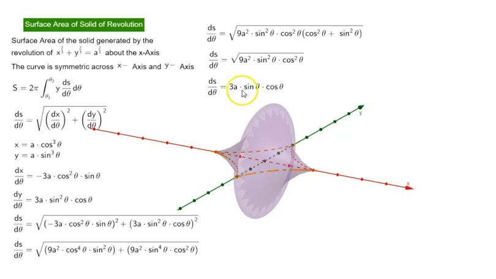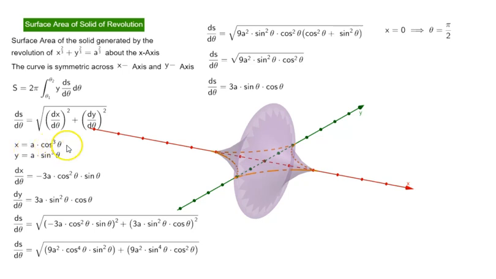Now, ideally, I should have mentioned sine theta cos theta inside an absolute sign. But since in the interval that we are interested in, it is always positive, we can ignore the absolute sign.